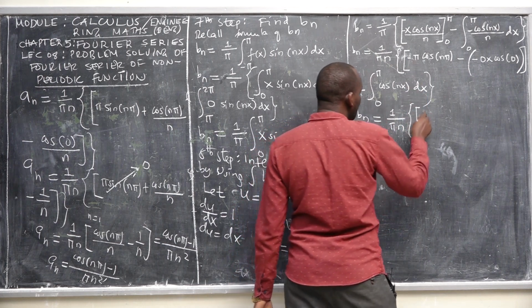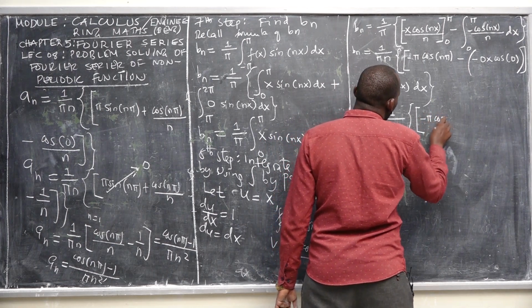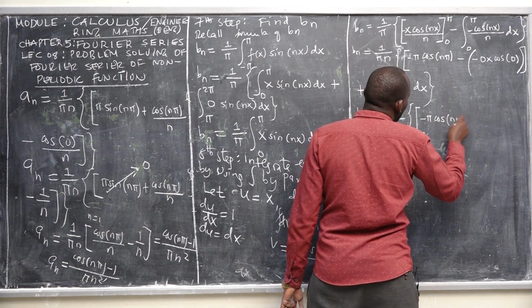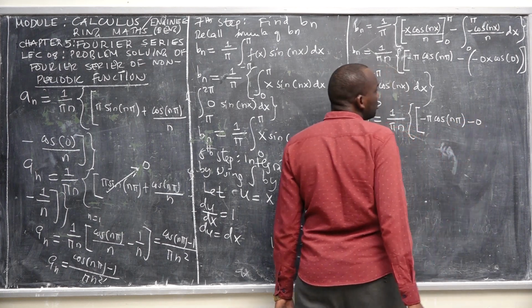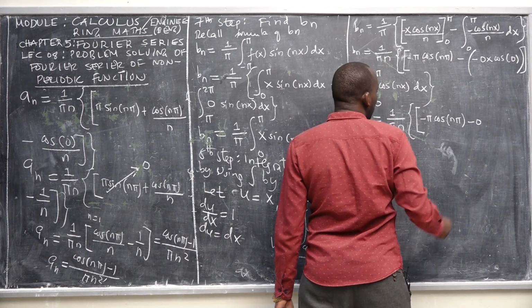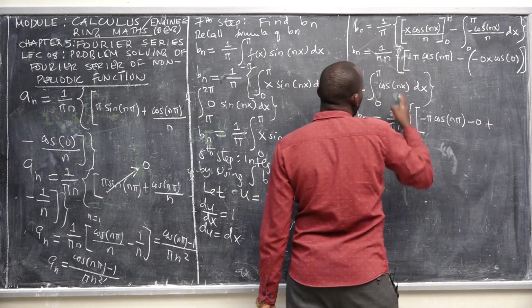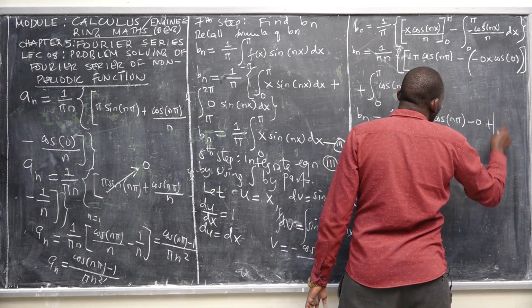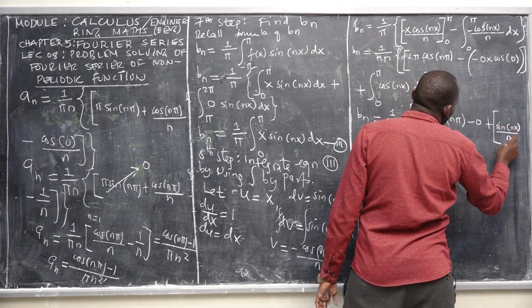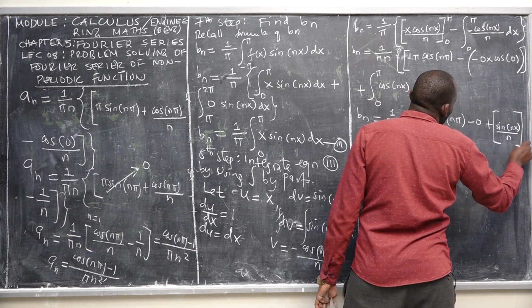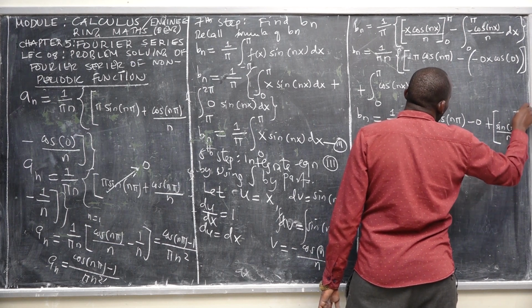So we have negative pi cosine of n pi minus 0. Plus, what do you get if you integrate cosine of nx? Sine of nx over n, from 0 to pi.